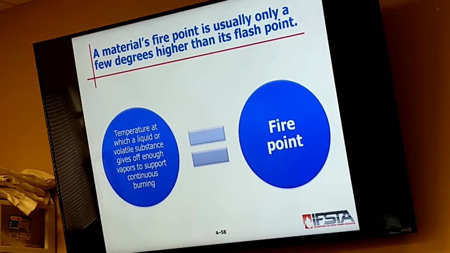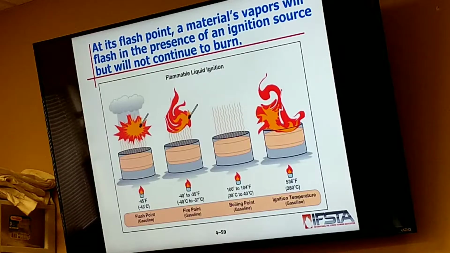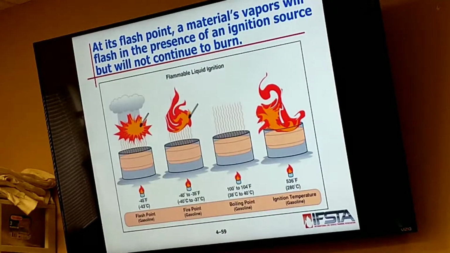A material's fire point is usually only a few degrees higher than its flash point. We talked about this earlier, only the vapors burn, the liquids don't. They just keep producing vapors that will burn.